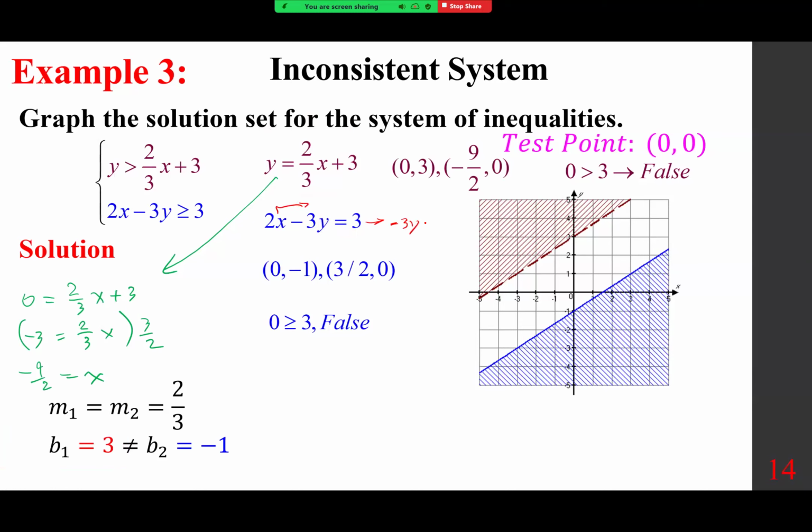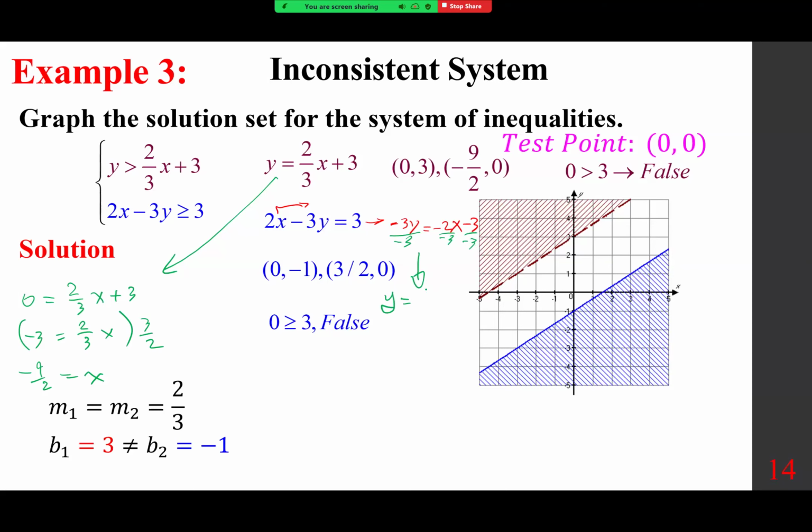-3y equals minus 2x minus 3. We're going to divide everything by -3, everybody. And when we do that, the left side becomes y.